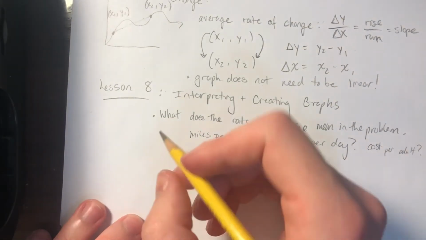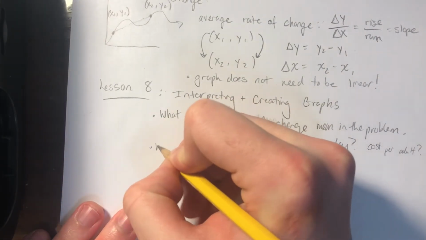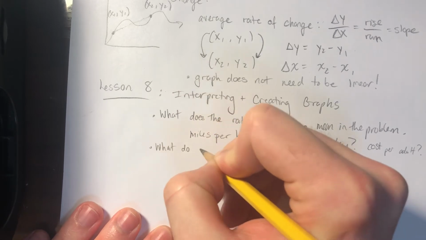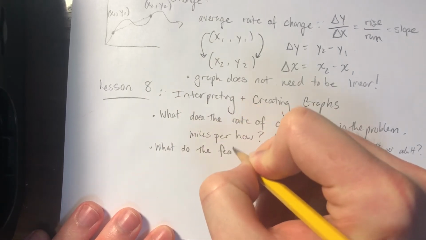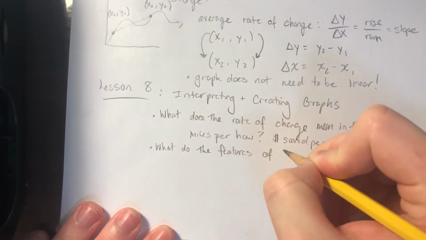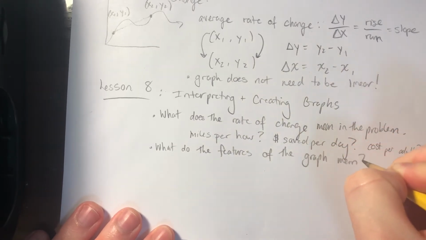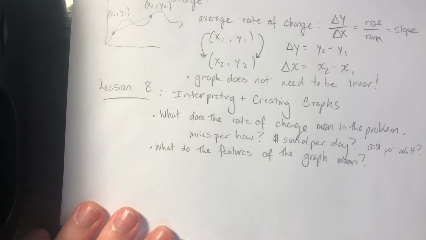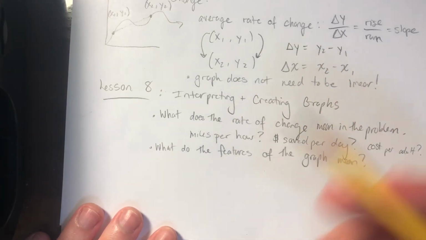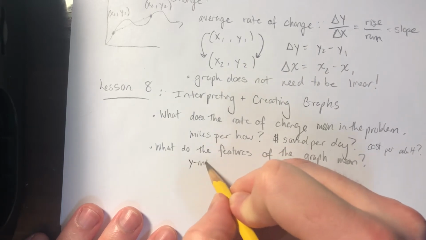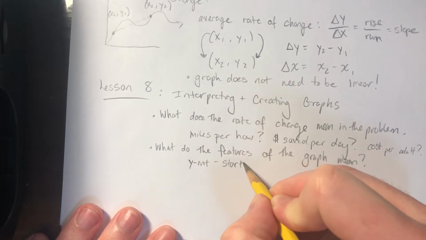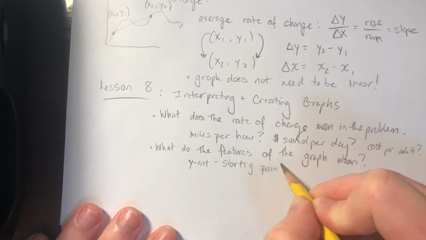What do the features of the graph mean? Am I talking about the y-intercept? We also know that the y-intercept can be the starting point or initial value.